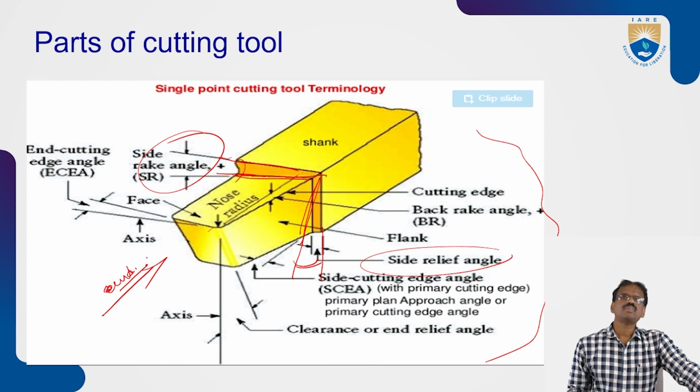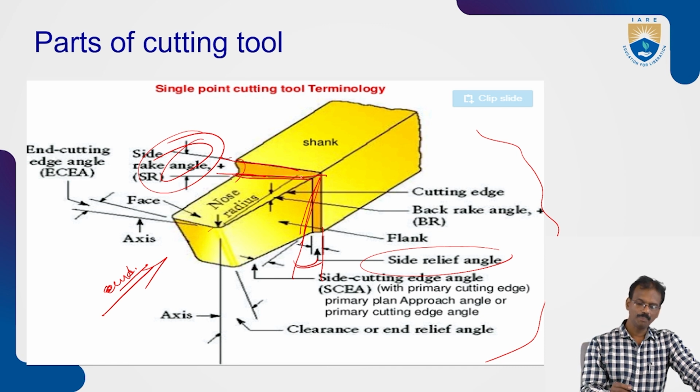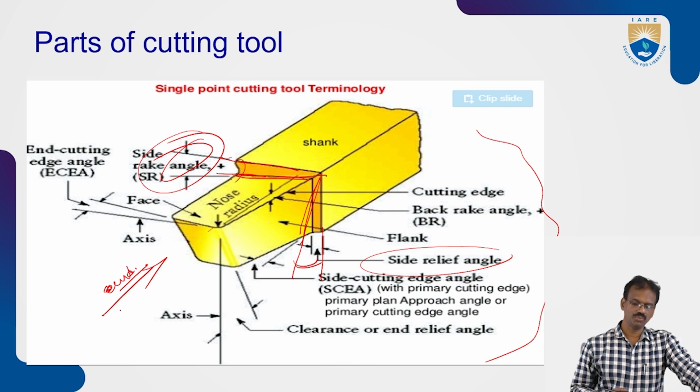The side rake angle is the angle formed between the rake face and the line perpendicular to the length of the tool, or parallel to the width.